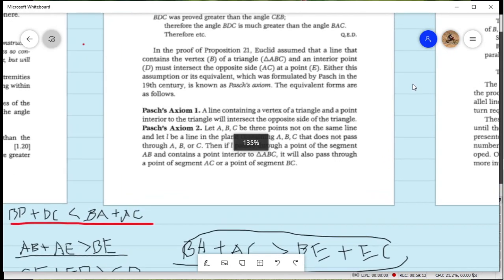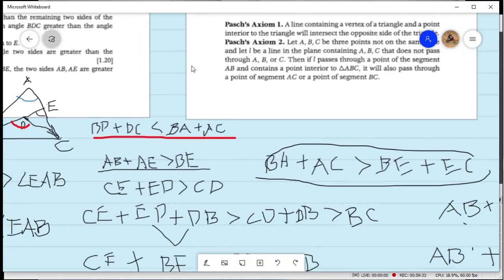In the proof of proposition 21, it was assumed that a line that contains a vertex B of a triangle, that is triangle ABC in our proof, and an interior point, which is D in our proof, must intersect the opposite side of the triangle.